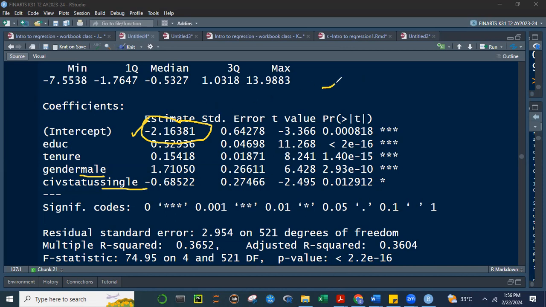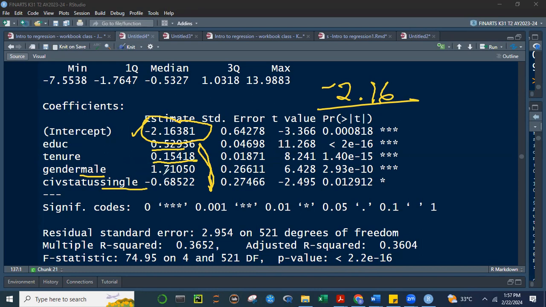So negative 2.16, class, this is the intercept. So this is the average hourly wage of a person who has, by definition of our intercept, all the parameters equal to 0. So who has no education, no years of tenure, who is what?